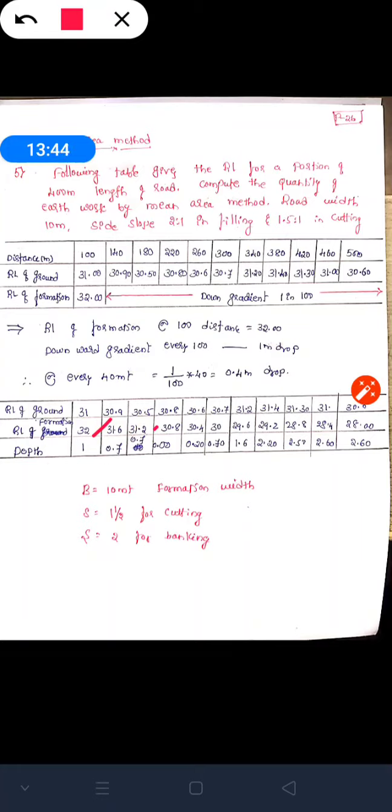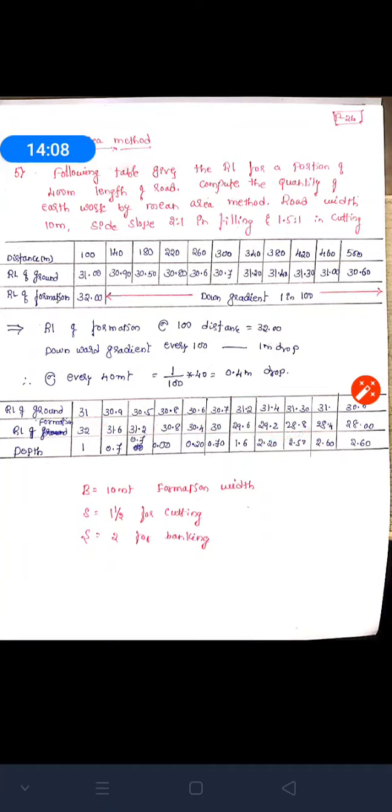So it means there will be a difference of 0.4 between all the formation levels from the start to the end, because of the downward gradient 1 in 100, so there will be a 0.4 difference, guys. Okay, for the formation level, because this is 0.4 here.